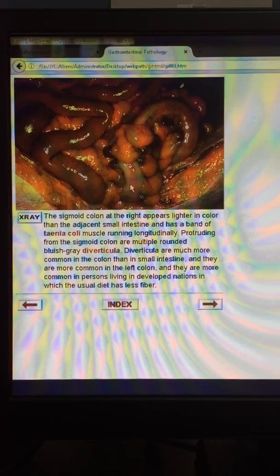This is part of a sigmoid colon here, and these nodules or projections represent diverticuli. Okay? This is the gross appearance of diverticuli.